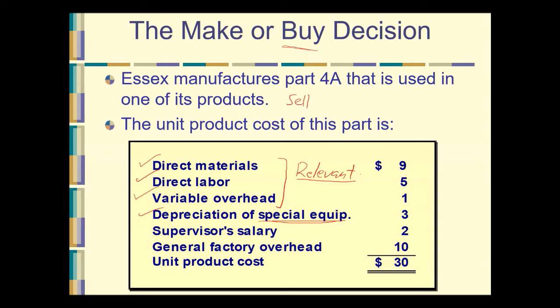So this is a revenue and should be included in the calculation of the decision making, because you are getting something which you are not getting now. So if you choose to buy from the supplier, then you can get some money by selling the equipment. That's the one option.